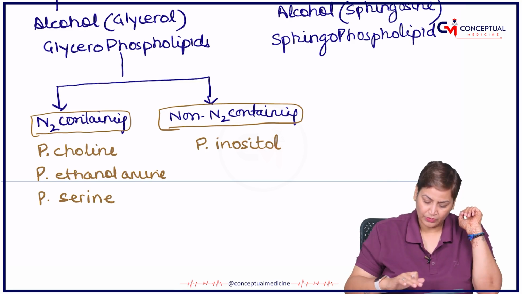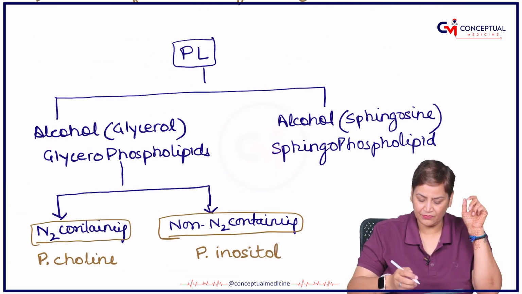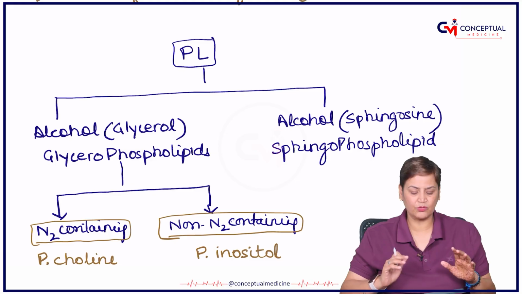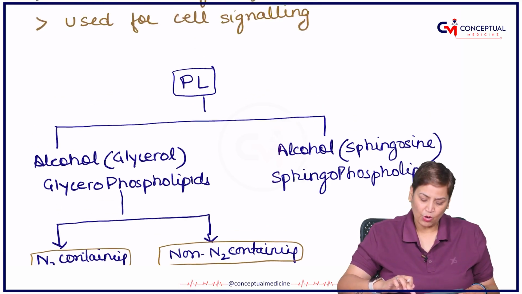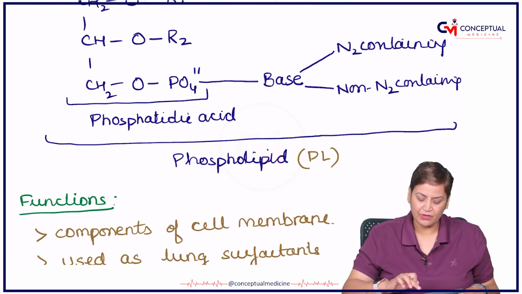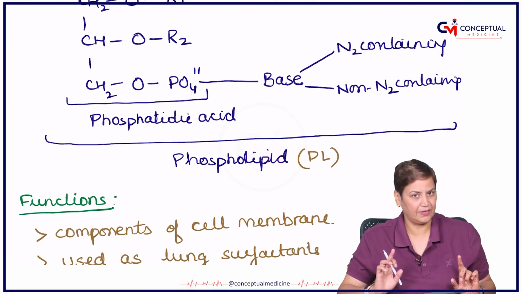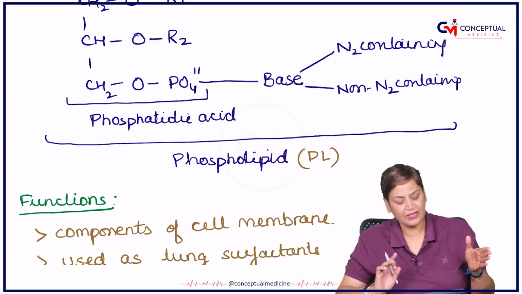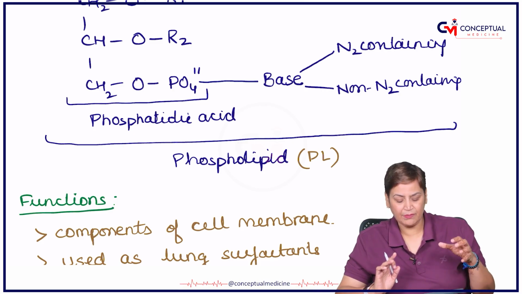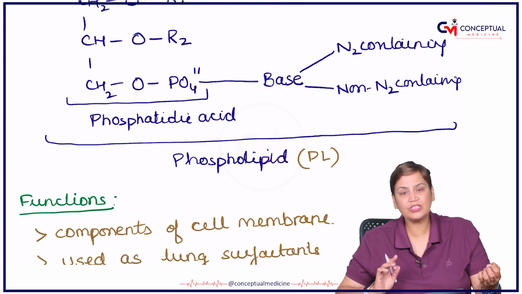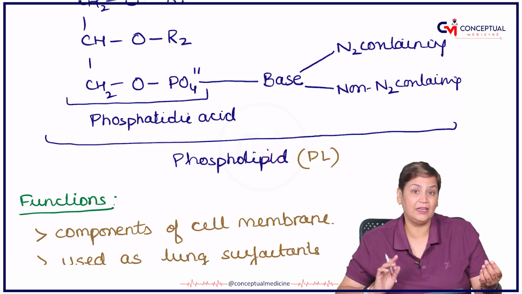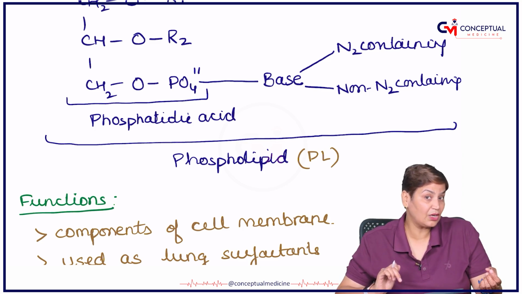Now this is the brief classification of phospholipids. First of all, what are phospholipids? Phosphate plus lipid. If we talk about only phosphate, it will be known as phosphatidic acid. Now, when this phosphatidic acid is attached to a base, it becomes a phospholipid. This base can have nitrogen in it, or cannot. Nitrogen containing, the most important ones are phosphatidylcholine, phosphatidylserine and phosphatidylethanolamine.